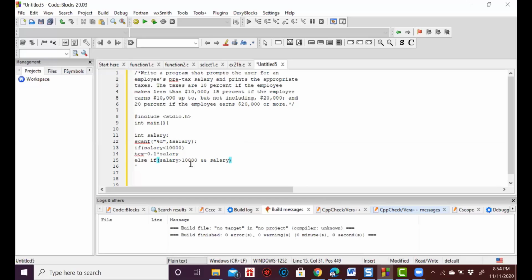This one includes. This one does not include. Less than 20,000. Okay. TAX or TEX? I think TAX, right? TAX.